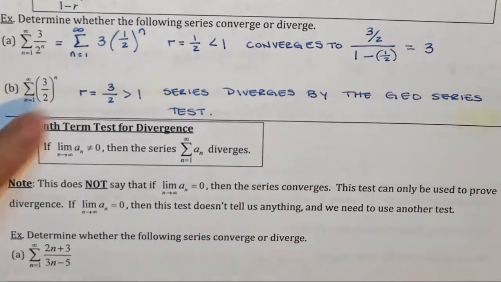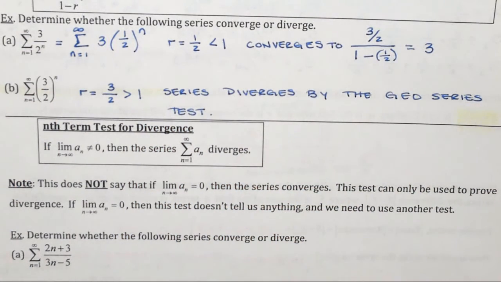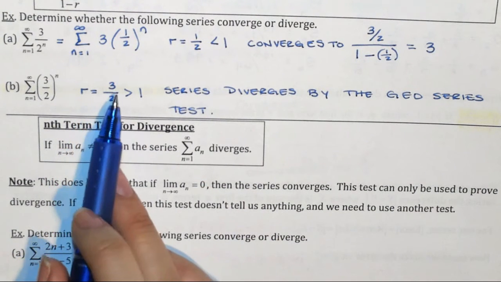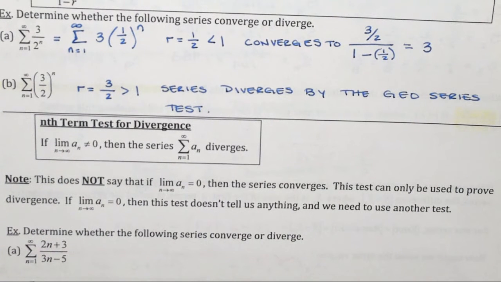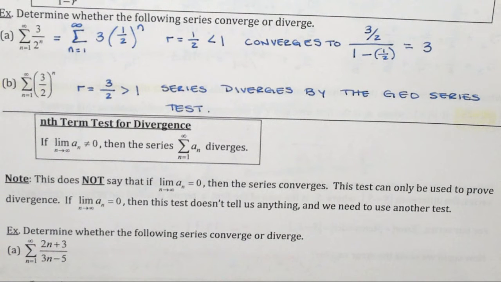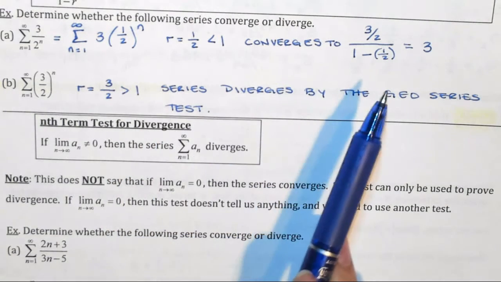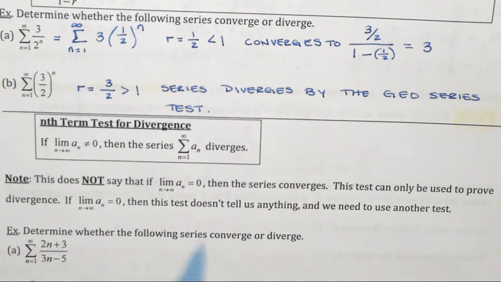And you're going to have to state which test you're using to prove that it diverges. And you also want to state that r is greater than 1 as justification. Right? So geometric series test, pretty easy, and you can actually figure out what the sum converges to.